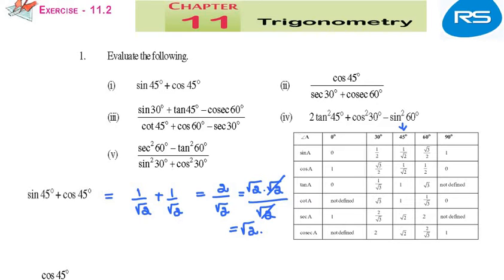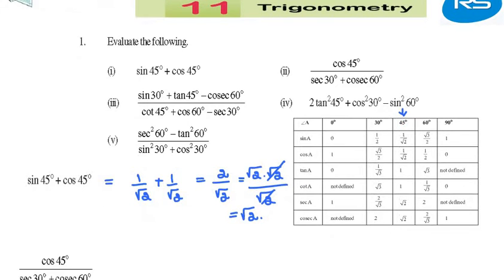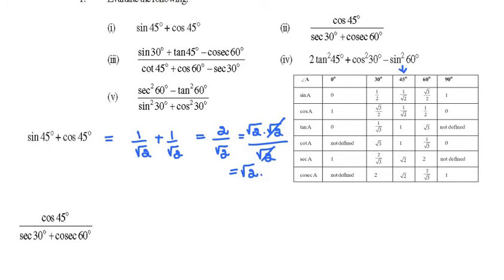Cos 45 degree by secant 30 plus cosec 60. So how to solve this sum? As simple as that, just substitute the values. Cos 45, already you know that cos 45 is 1 by root 2, whole by secant 30.